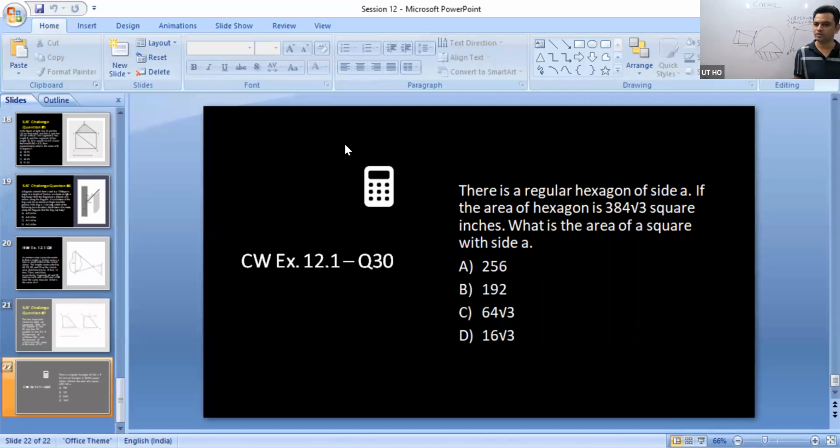Next, trapezium, you must know: half of the sum of the parallel sides into the distance between the parallel sides. So we have this trapezium ABCD. Half of the sum of the parallel sides means AB plus CD, and the distance between the parallel sides is H.